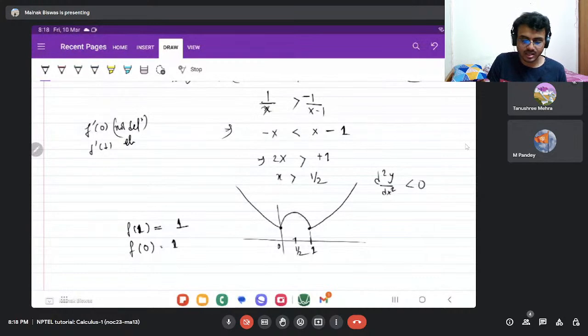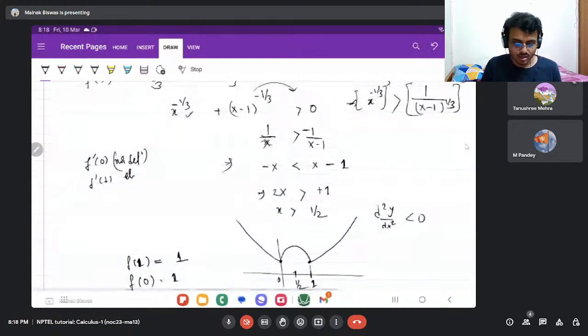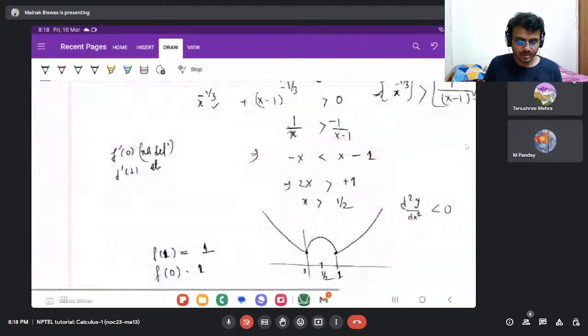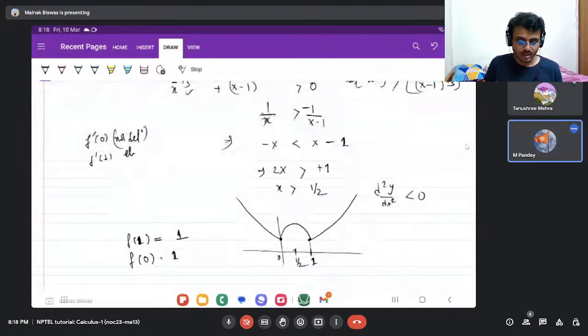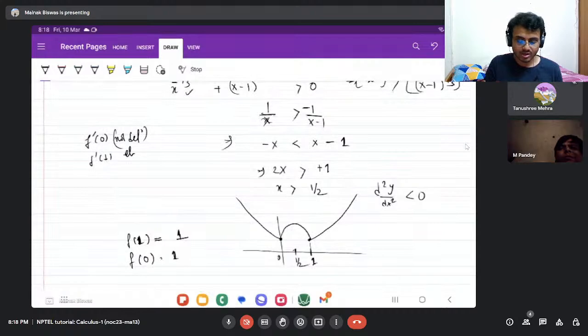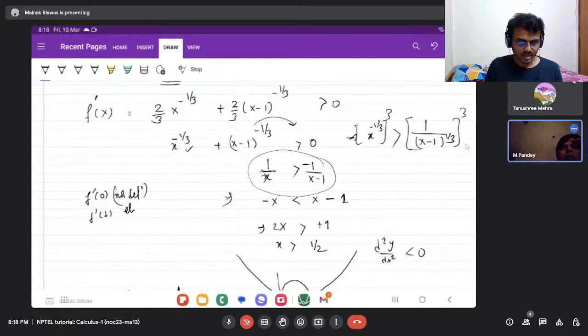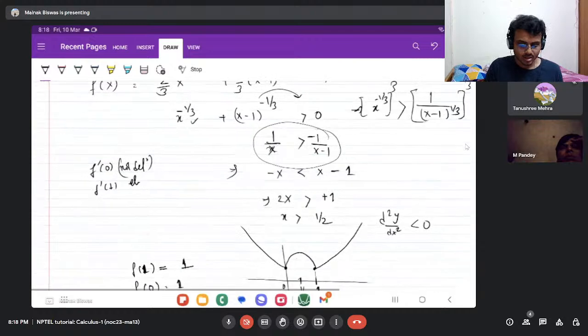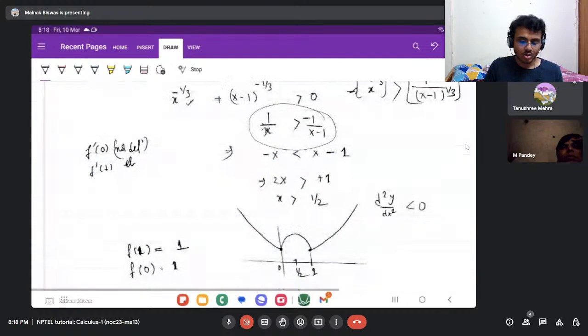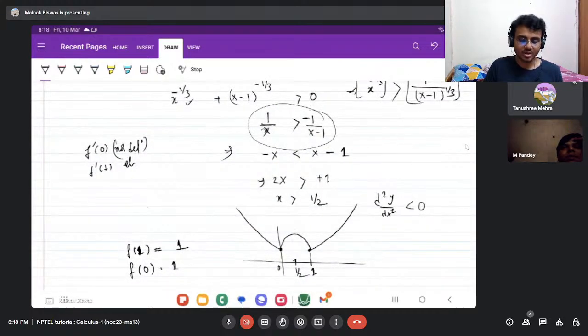Now the last thing is, why didn't we get it for between 1 and minus 1? This is my question. What mistake did we make? So x greater than half, I think we made a mistake here. x greater than half cannot be used here, right?